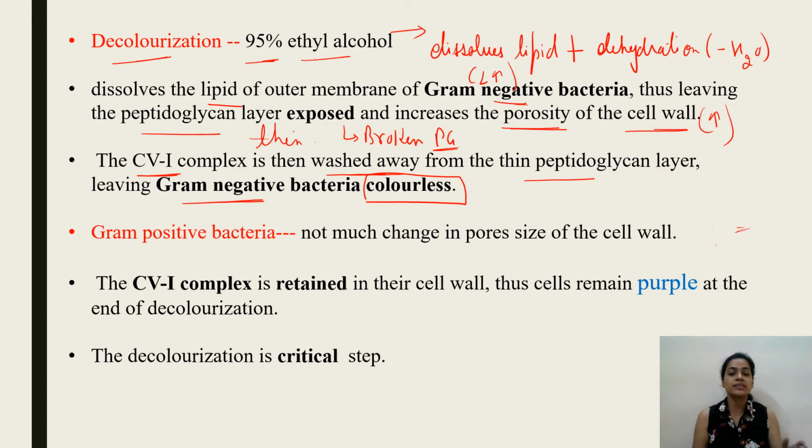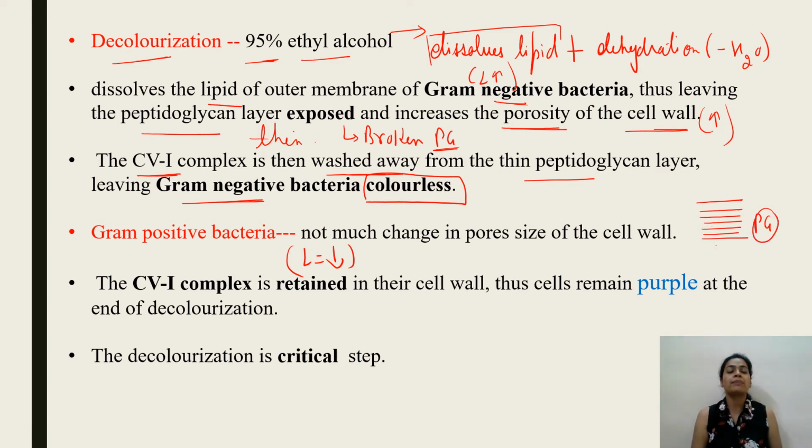Let us see what happens in the case of gram positive. The lipid content of the gram positive bacteria is very low, so the alcohol cannot find any lipid to dissolve. Also, it has a thick peptidoglycan layer.